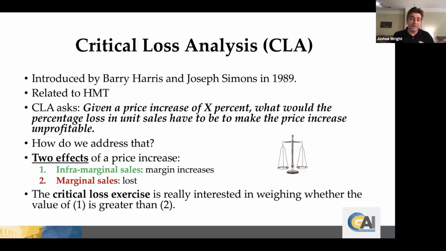Remember when we just did the hypothetical monopolist test, what did we ask? Something really similar. We said, if a hypothetical monopolist raises the price by 5%, a SNIP, I'll just use 5%, would the price increase be profitable, or would so many consumers switch away from the hypothetical monopolist firm's products that it would render the price increase unprofitable, right?